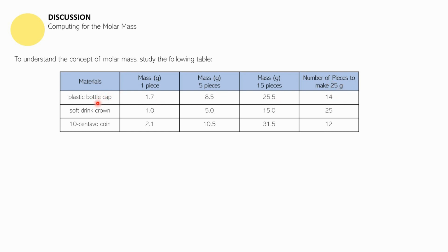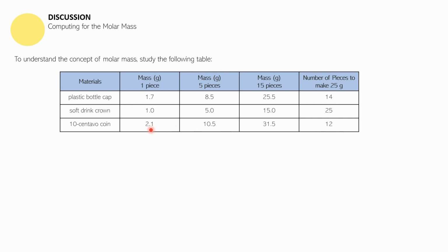The number of pieces needed to make up 25 grams of soft drink crowns is 25 pieces, since they are 1 gram each. And the number of pieces required to make 25 grams of 10 centavo coins is 12 pieces. So why is that so?